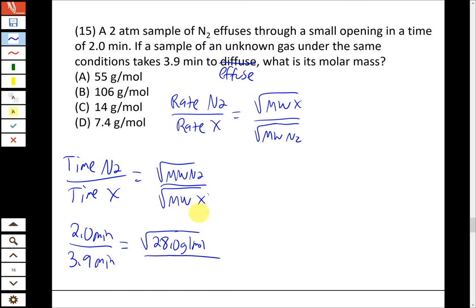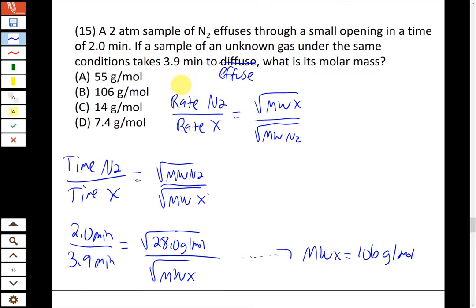And then on the denominator we have the unknown molar mass for X. Again, I'll skip the algebra unless anybody has any questions on it. We're going to square both sides, cross multiply, and solve for this unknown molar mass, which comes out to 106 grams per mole. And again, it should be bigger than 28 because it's effusing slower. It's taking longer to leak out.